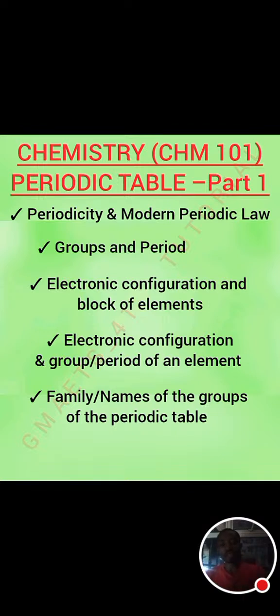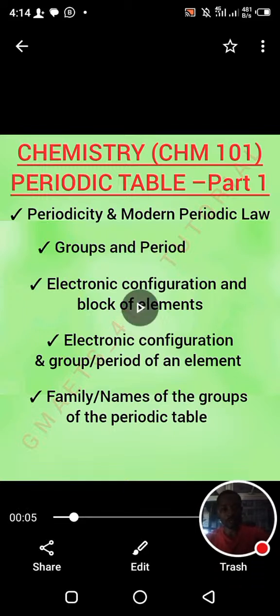Now, using our electronic configuration, how can we now answer any question whereby maybe an examiner requests that we tell the period of a given element? Let us go back once again to the electronic configuration of sodium and the others that we've considered so far. Let's look at them further, okay?